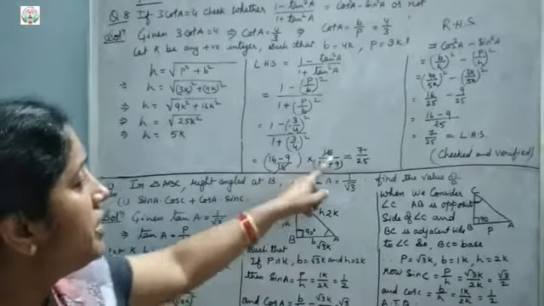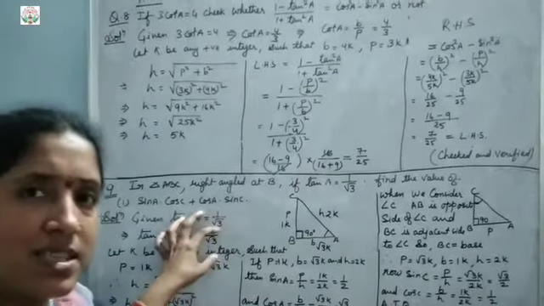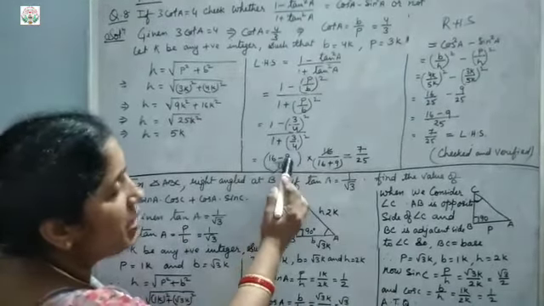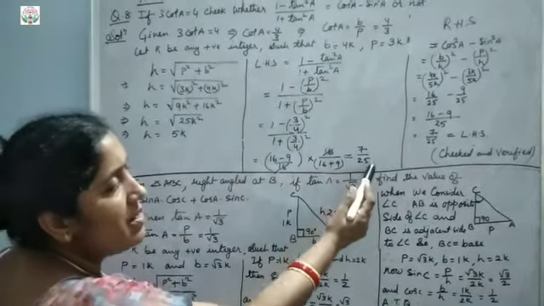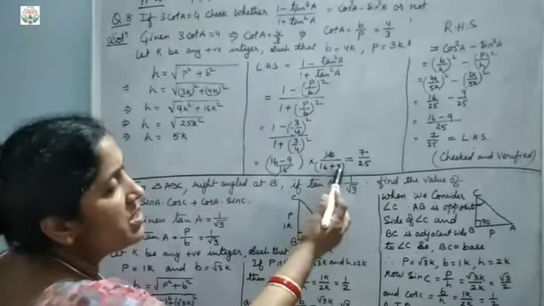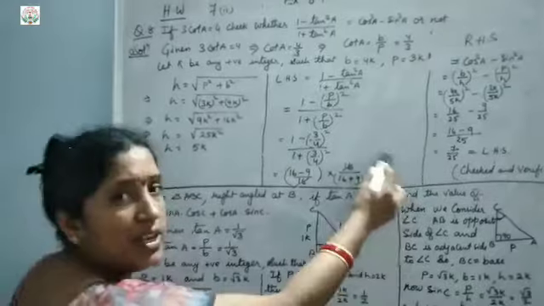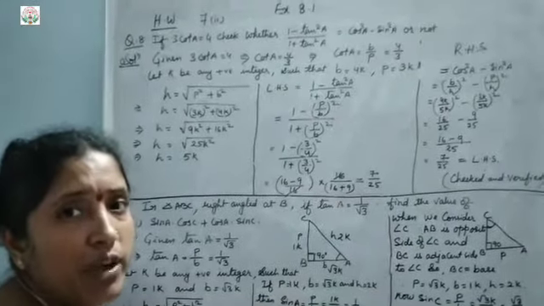Numerator and denominator, 16 gets cancelled. And here numerator 16 minus 9 will be 7, and denominator 16 plus 9 will be 25. So we got the value of LHS as 7 upon 25.